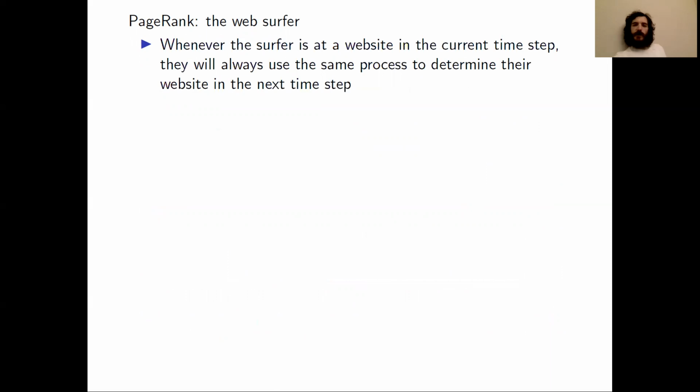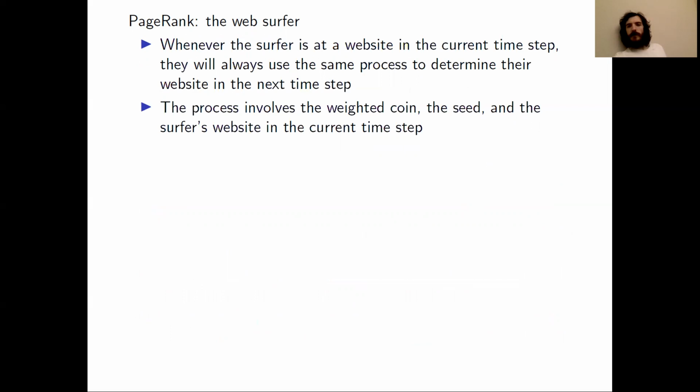So we have h, and we also need a rule for how the surfer is going to get to their next website based on their current website. And their process for figuring out their next website will always be the same process.